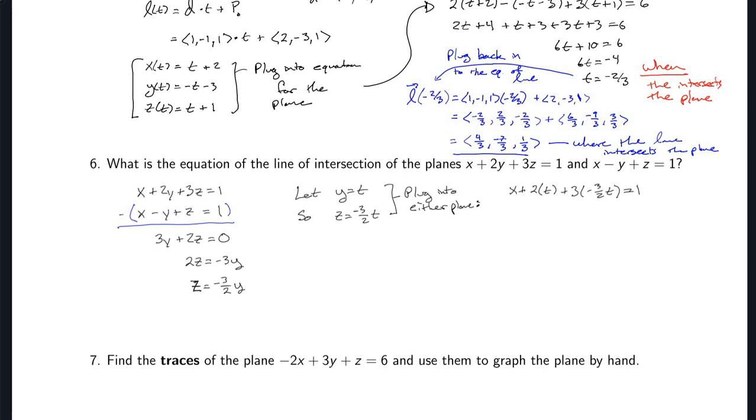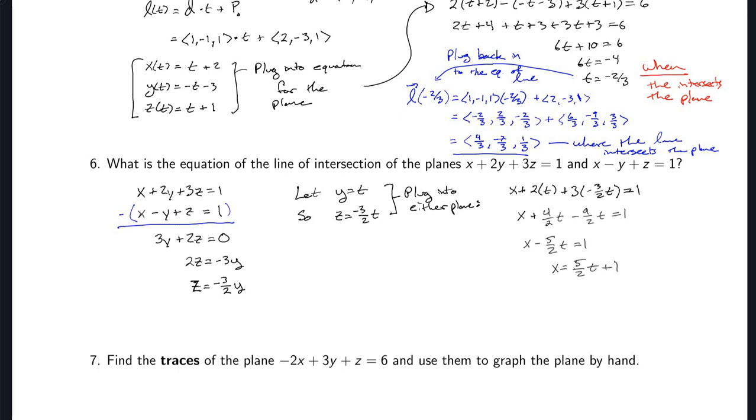And we'll just solve for x in this. So this x plus 2, let's get a common denominator. My denominator is 2, so I'll say 4 over 2 t minus 9 over 2 t equals 1. x minus 5 halves t equals 1, so x equals 5 halves t plus 1.